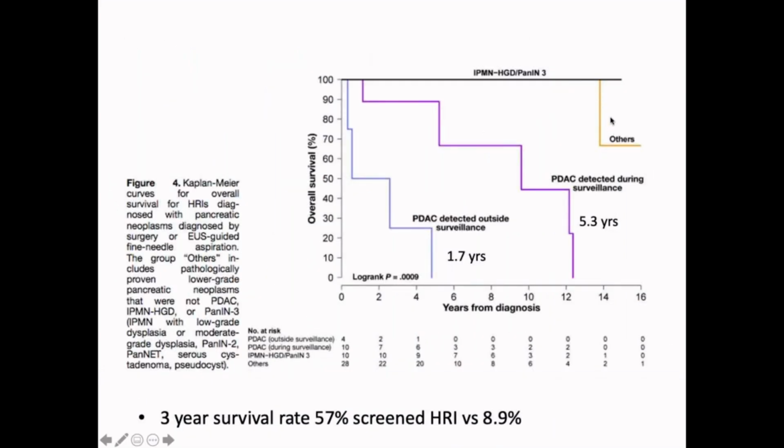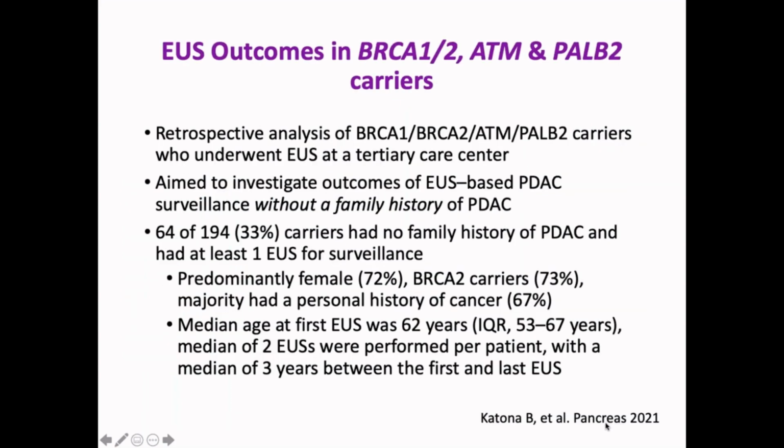And here is a visual presenting those results, where those with high-grade precursor lesions had the best overall survival, followed by those detected with PDAC during the surveillance interval, as opposed to those who fell out of surveillance and had worse outcomes.